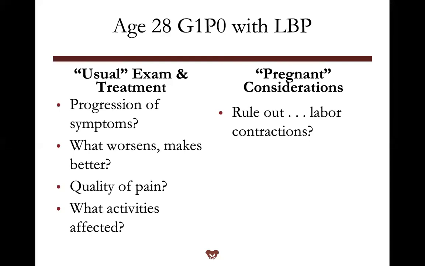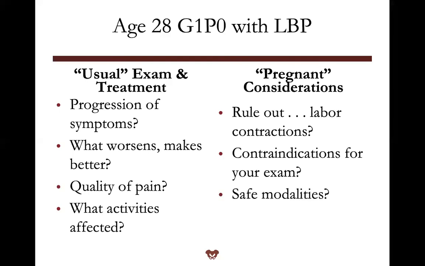So for instance, if she's coming in with low back pain, we may need to rule out preterm labor contractions. We may have some contraindications or even just some precautions that we may want to consider for her exam. So there may be some of our usual examination testing or positioning for tests that we may want to modify or avoid or just be cautious with. Then we're going to want to know what modalities are going to be safe to use with our pregnant client.